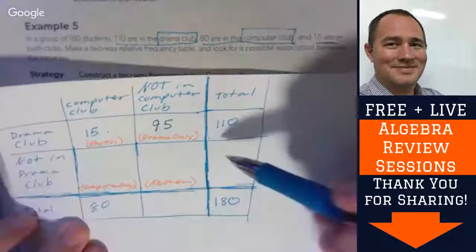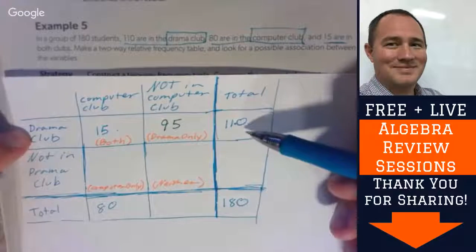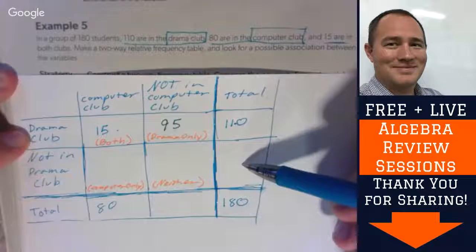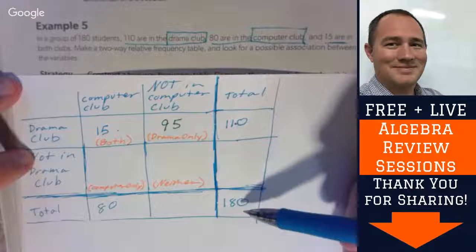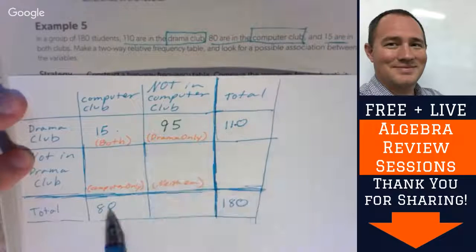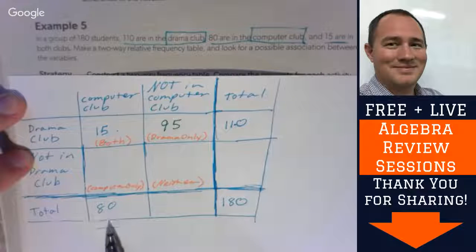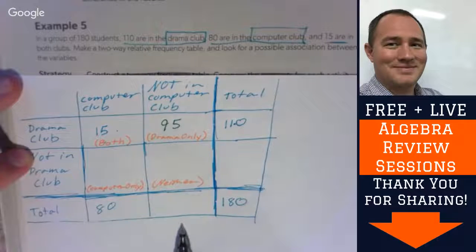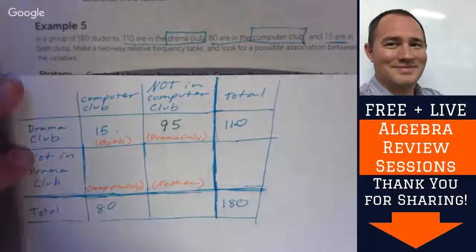Because if we add all of the students in Drama Club, but not in Computer Club, then we're going to get to 180. And then over here, if we add up all of the students in Computer Club and not in Computer Club, then that's going to add up to 180 as well.